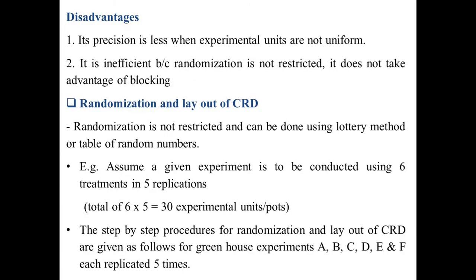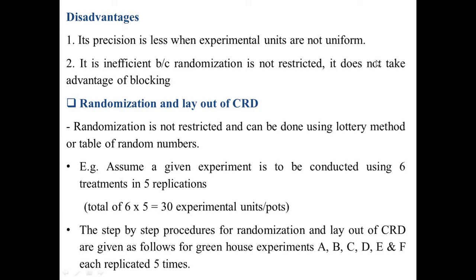When we come to the disadvantages, its precision is less when the experimental units are not uniform. If our experimental units are not homogeneous, CRD should not be used, and the precision becomes lower if we use that design.